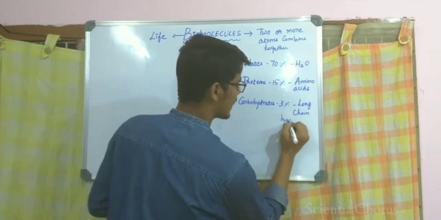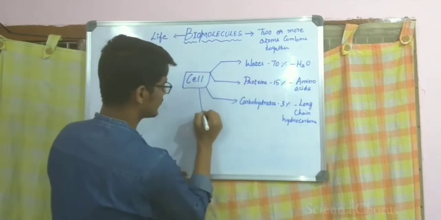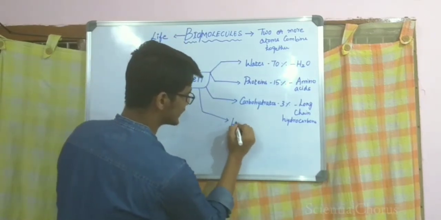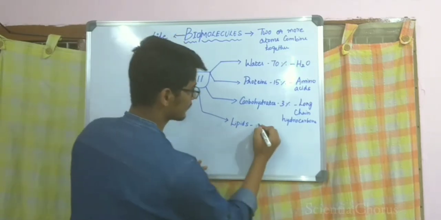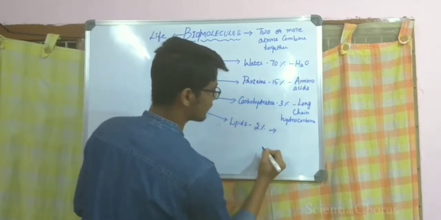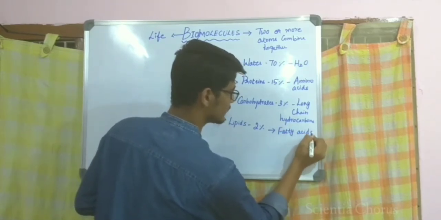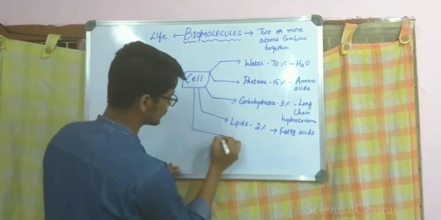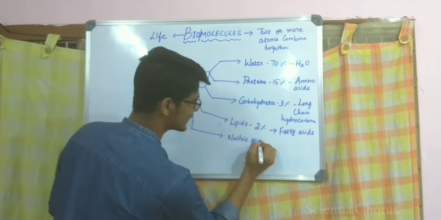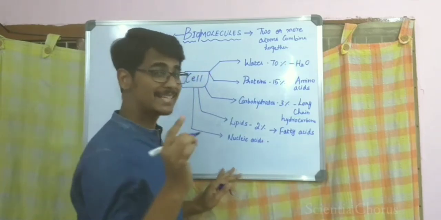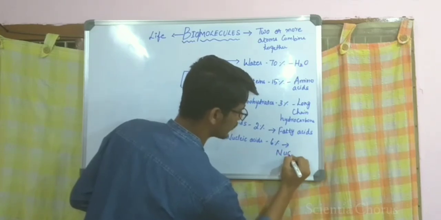The next one will be lipids, which will be around 2%, and these are made up of fatty acids. And the next one would be nucleic acids, which will be around 6%, and they are made up of nucleotides.